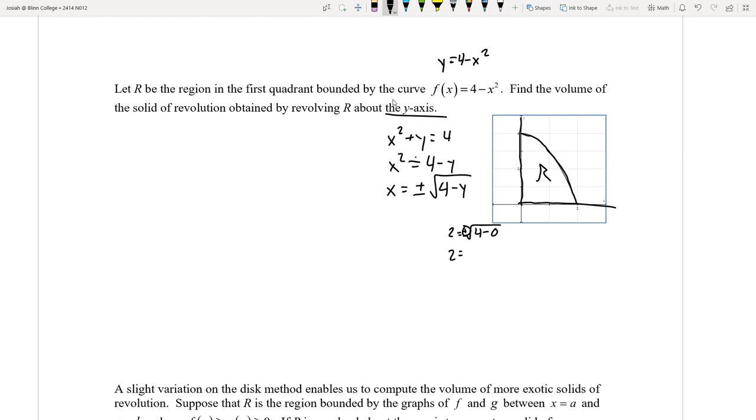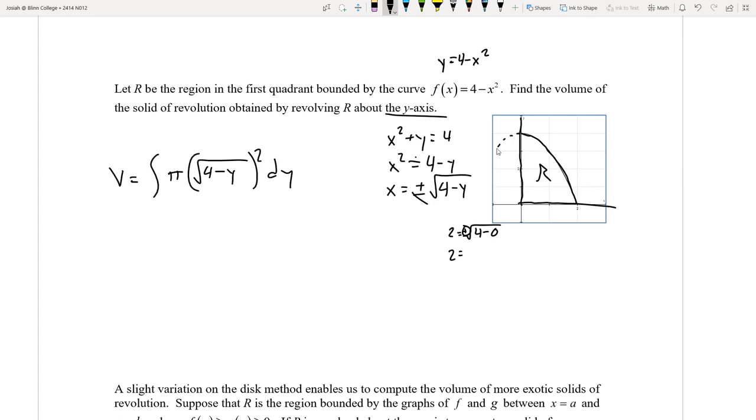So we're only using the positive one. So our volume will be an integral using pi times the square root of 4 minus y, squared, dy. Right? That's if we're looking at how this shape should look.